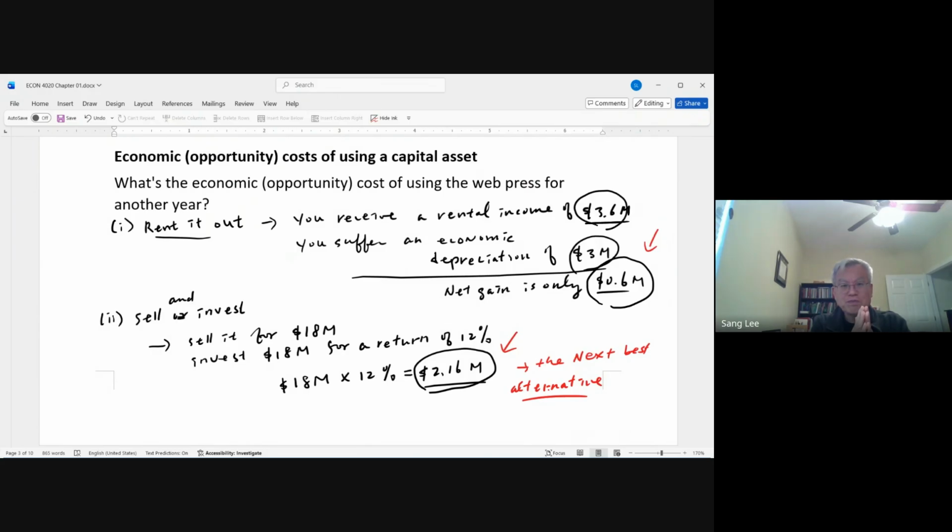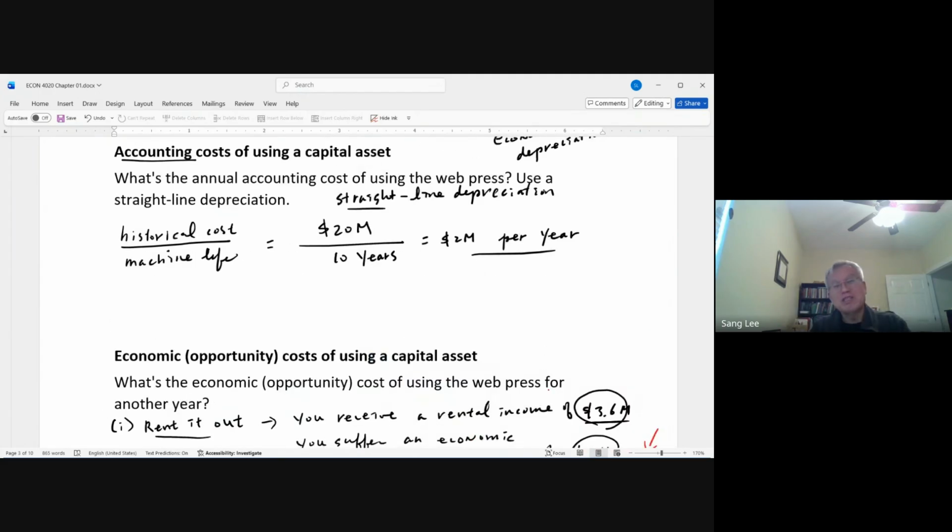Okay, so here, opportunity cost of using web press machine for one more year. Accounting cost, your CPA would say, hey, $2 million. And then we can write off $2 million each year as a business expense for the next 10 years. That's how they do it. Accounting cost of using a capital asset.